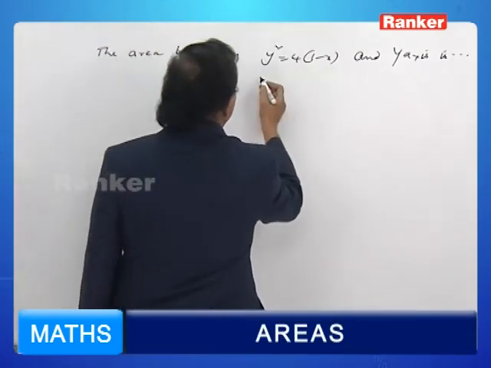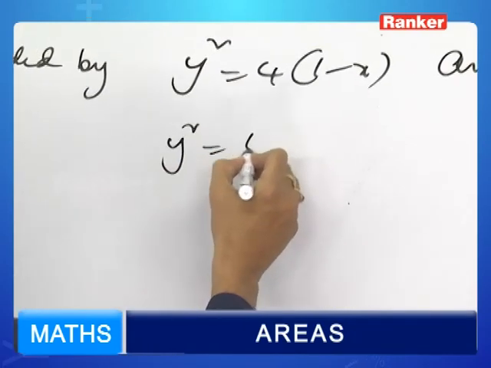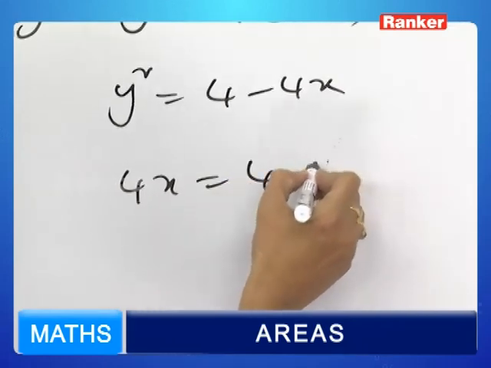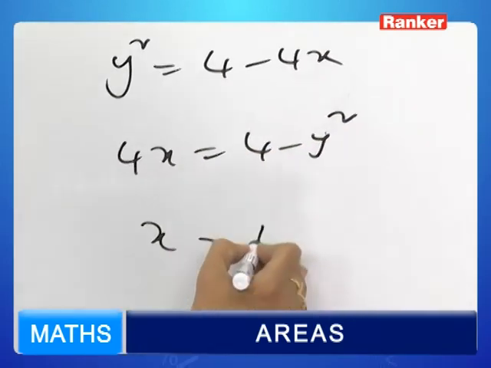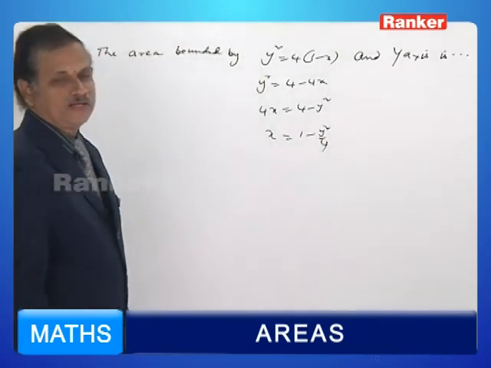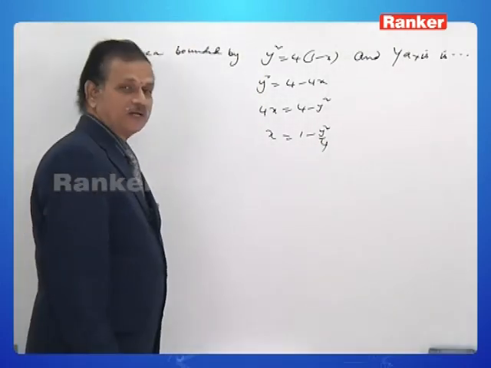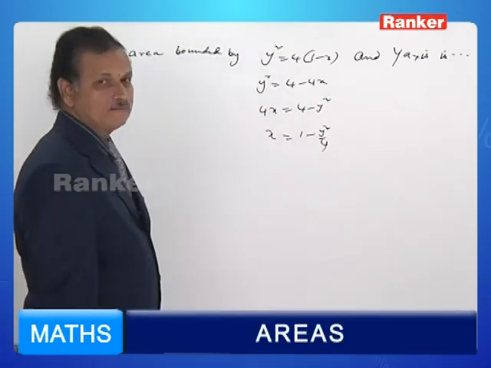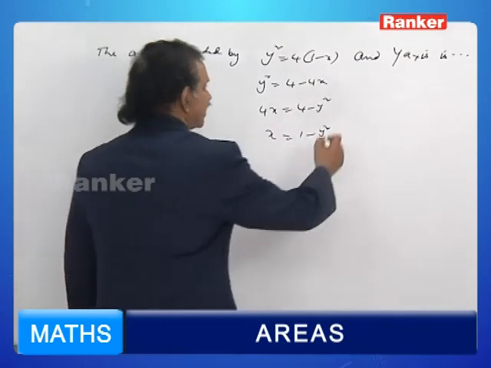y square is equal to 4 into 1 minus x, that is y square is equal to 4 minus 4x, or 4x is equal to 4 minus y square, or x is equal to 1 minus y square by 4. Moreover, it is necessary for us to know the points where that curve meets the y-axis, isn't it?